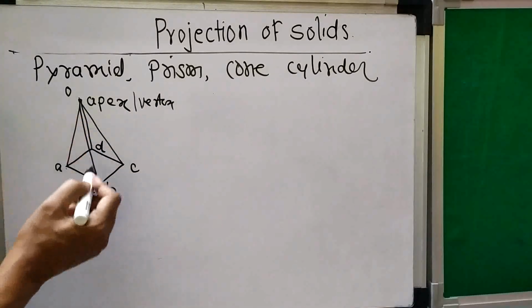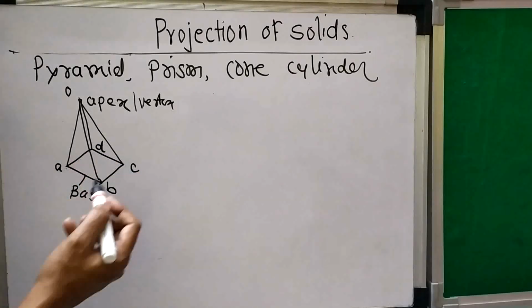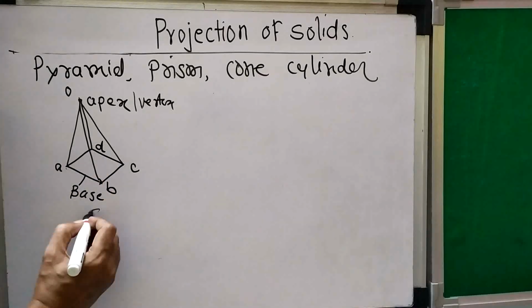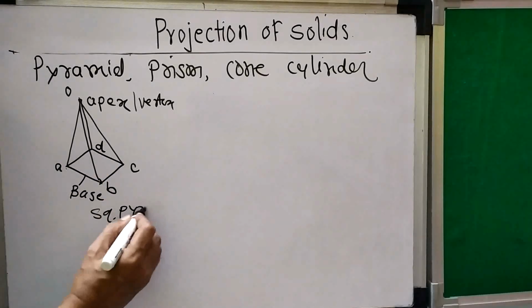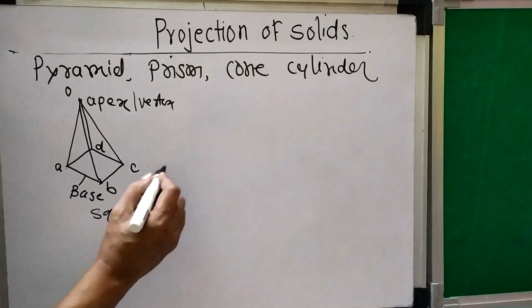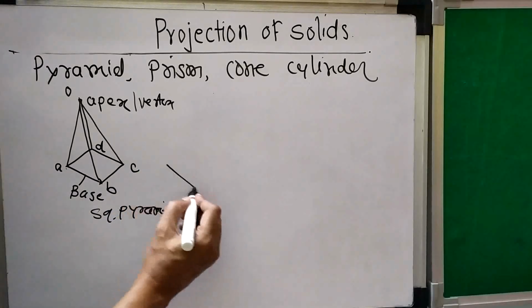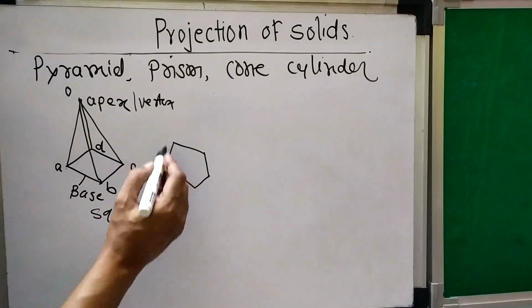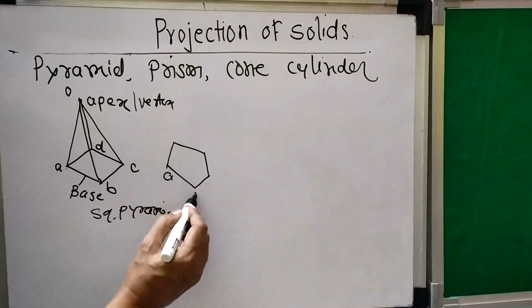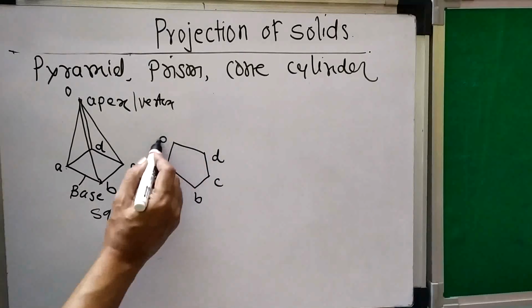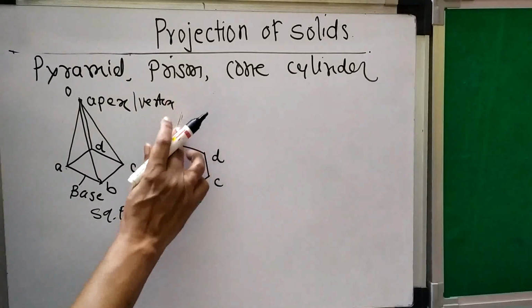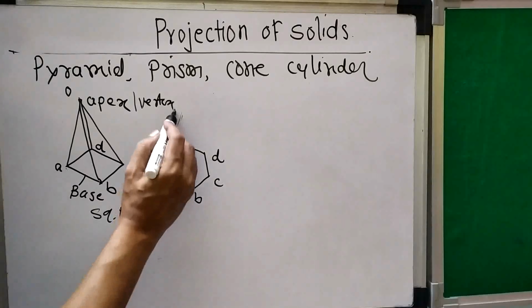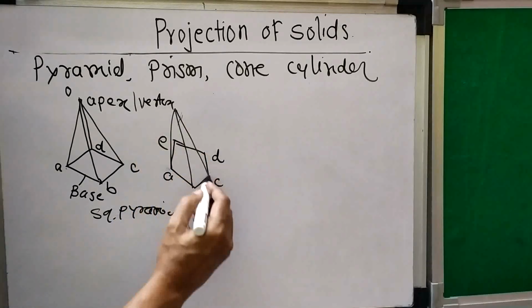So this is a category of pyramid. Pyramids are named according to the base. This is a square base, so it is a square pyramid. If we have a pentagon as a base, suppose this is a pentagon, A, B, C, D, E. From each side we can have a triangular face emerging.